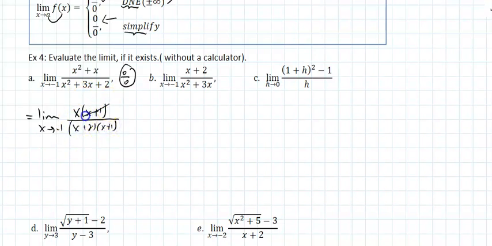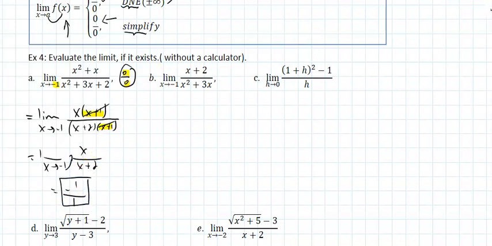And you notice those cancel out. Keep in mind, what you just canceled out is really what's causing the 0 over 0. And once you cancel something out, you restart this shortcut. You substitute the value in, you get -1 over 1 minus 2 is 1, and that's your limit.